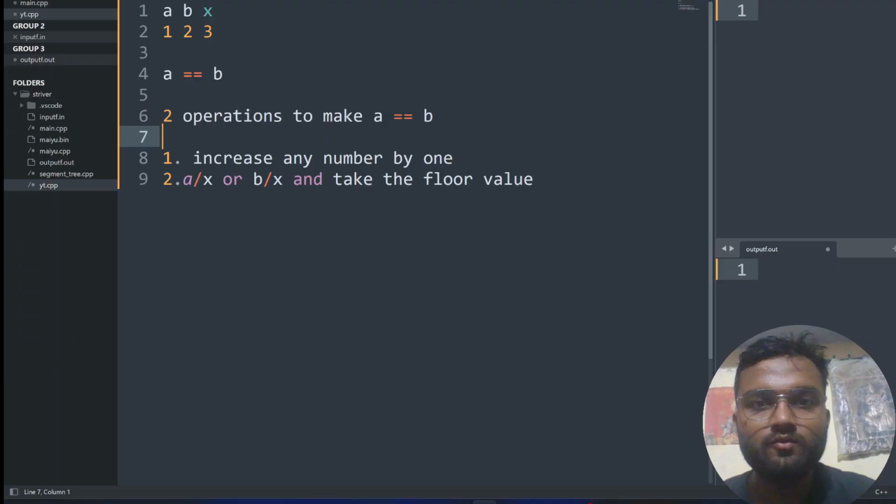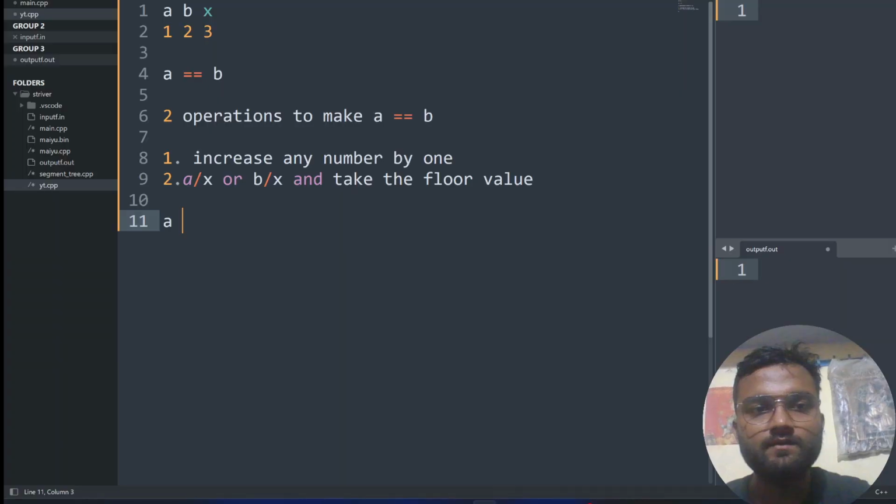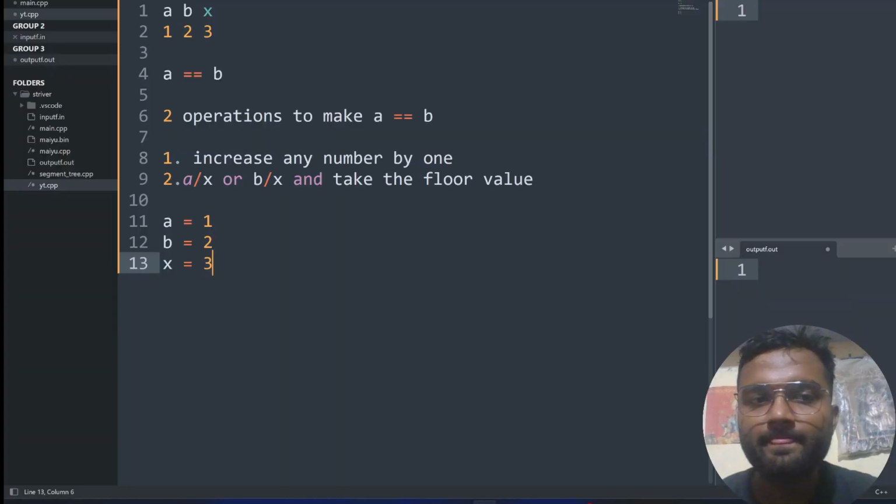So that is the whole problem. I hope the problem is clear. In the example, a is 1, b is 2 and x is 3. Our goal is to make a and b equal. What is the minimum number of operations?